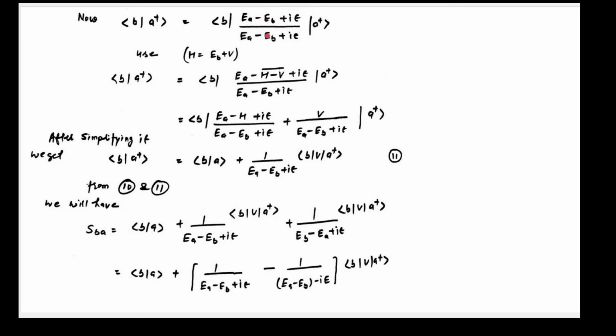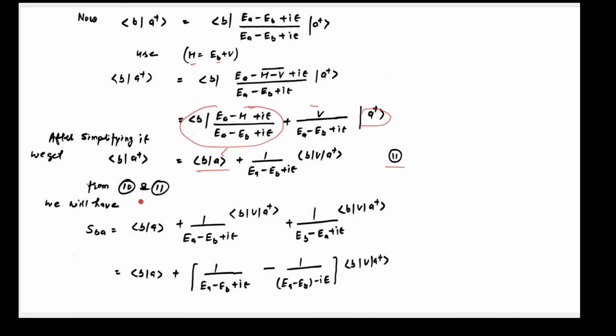This is one factor. Substitute here H equal to E_B plus V. So we get this. After simplifying, we get this. From the first part, when we solve it with A plus, we will get this. I have not solved it here, but you can solve it and you will get this. I am writing it directly, and from the second part we will have this factor.